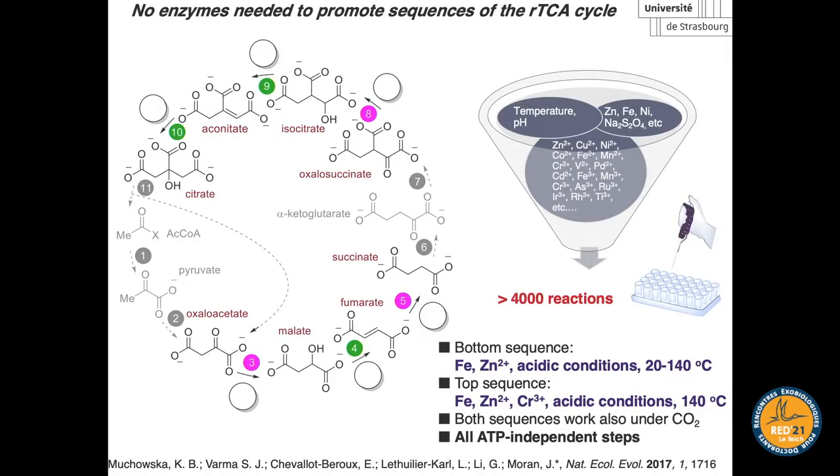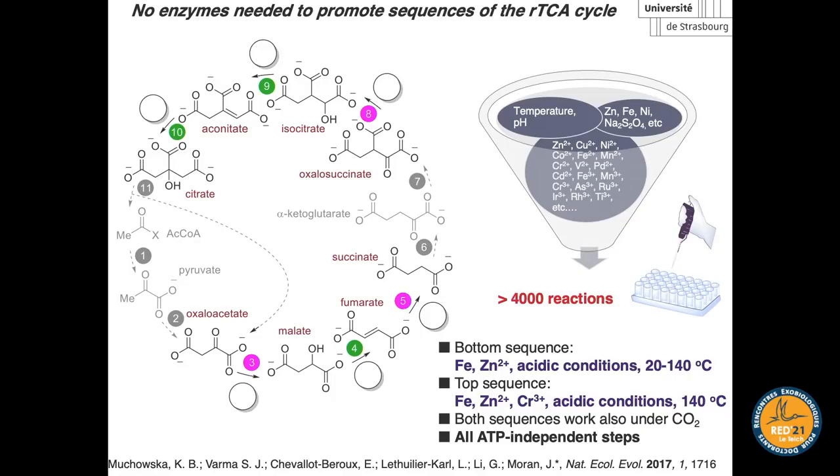So in our work on the rTCA cycle, we started with the irreversible reductions, so you can see them as the magenta sort of red blobs. These are irreversible reductions. So we use these irreversible reductions to try and push the reversible hydration reactions, which are shown in green. So first of all, focus on the bottom part of the cycle.